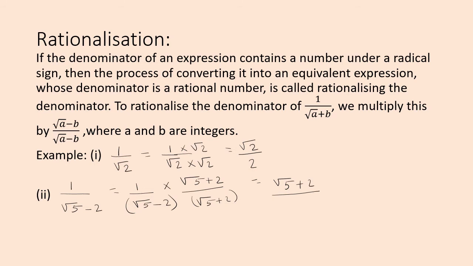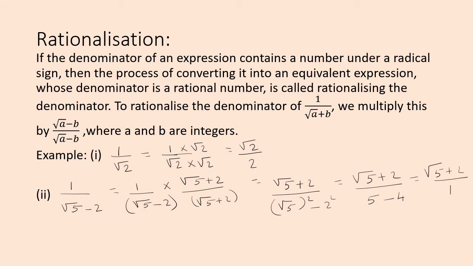So here you can use the identity a square minus b square, that is root 5 whole square minus 2 square, that is equal to root 5 plus 2 upon root 5 square is 5 minus 2 square is 4, that is root 5 plus 2 upon 5 minus 4 is 1.